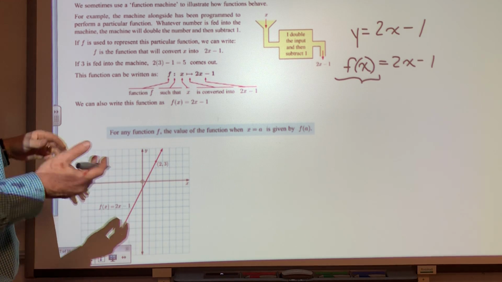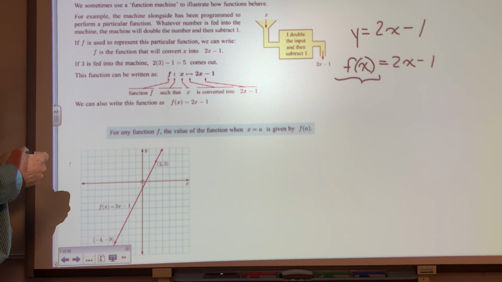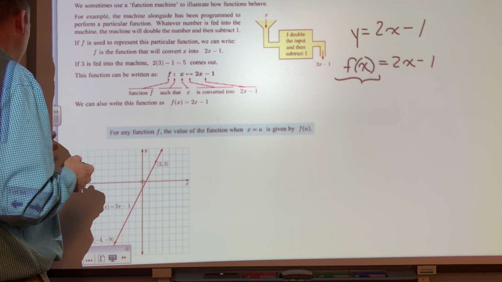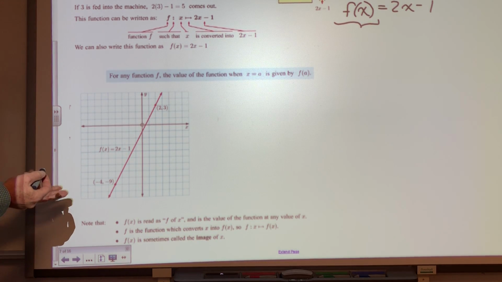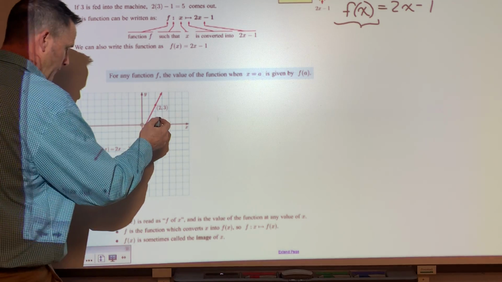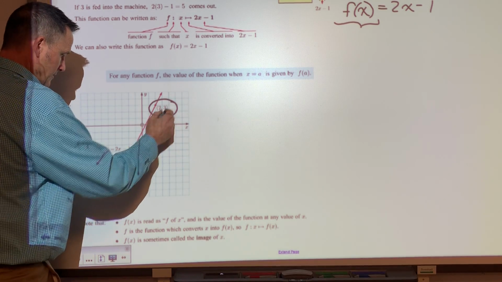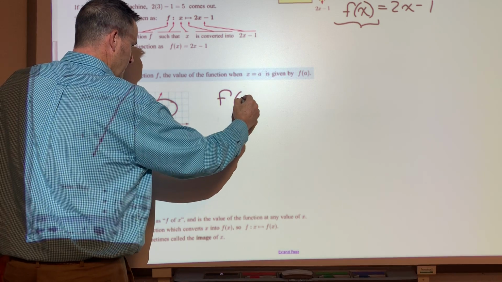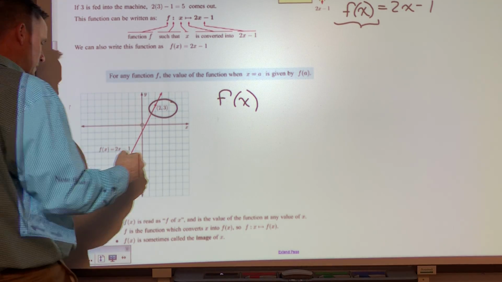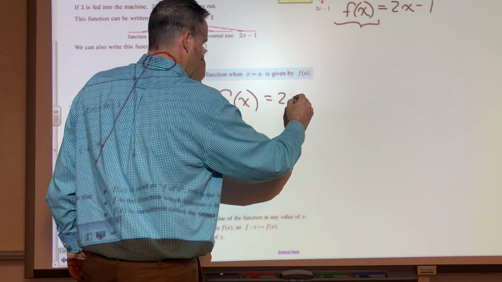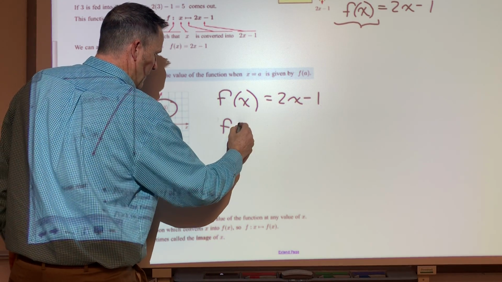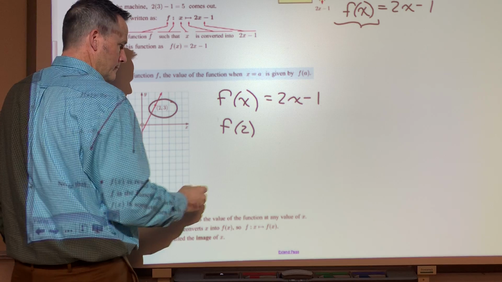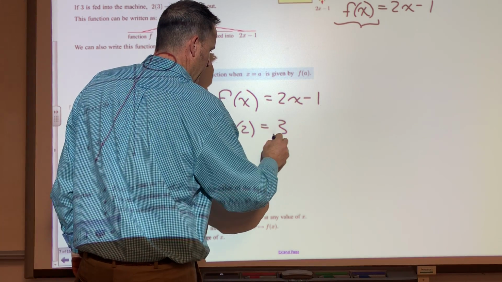So, for any function f, the value of the function when x equals a is written as f of a. So, first idea, if I have an equation, f of x equals 2x minus 1, well, when x is 2, y is 3.